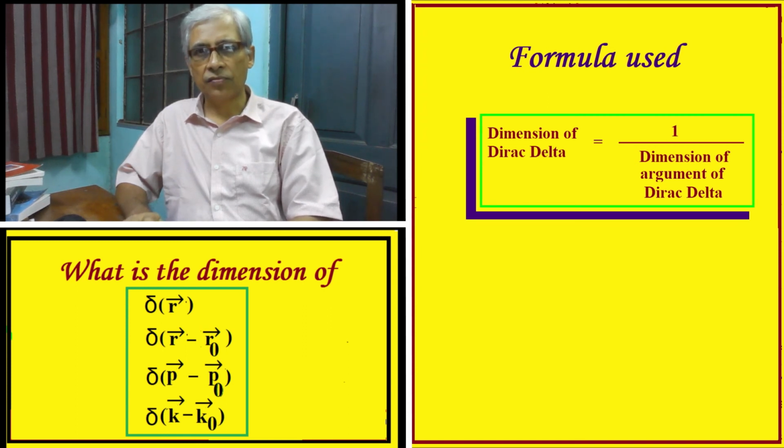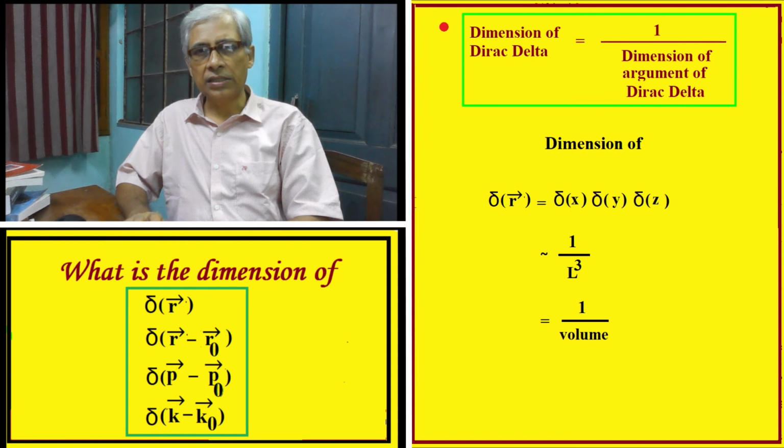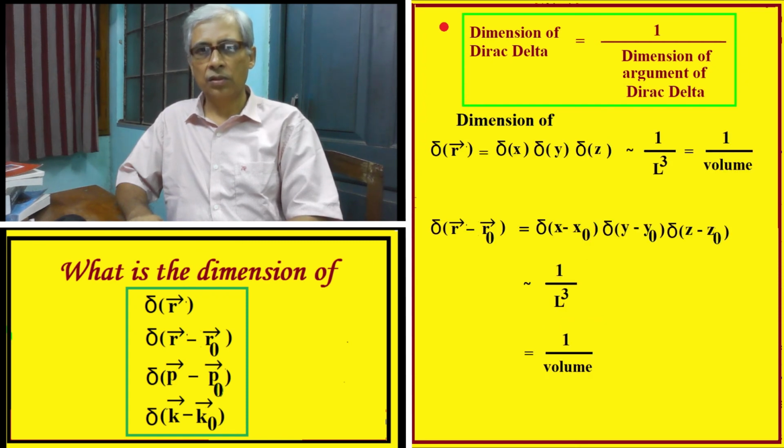The dimension of Dirac delta function is inverse of its argument. Now delta of vector r is the product of 3 deltas, namely delta of x into delta of y into delta of z. And so the dimension turns out to be 1 by length cube, that is inverse of volume.